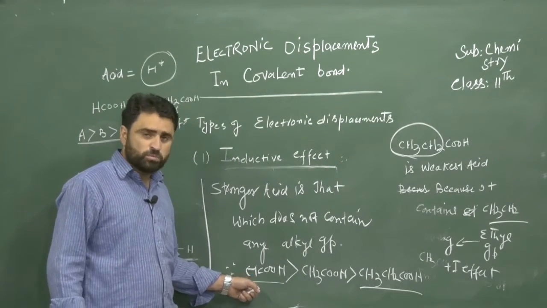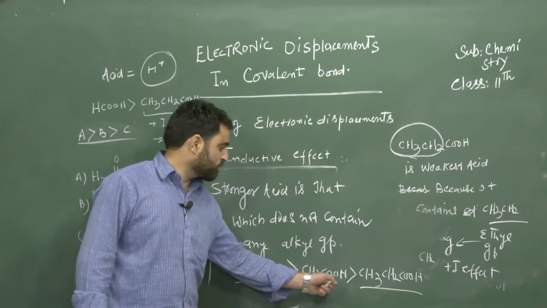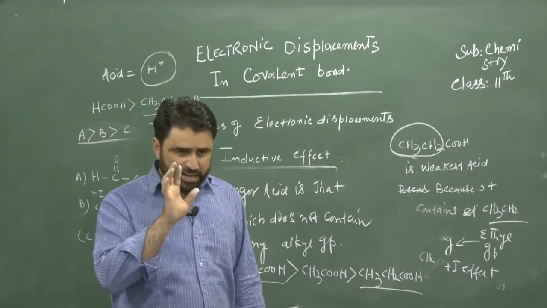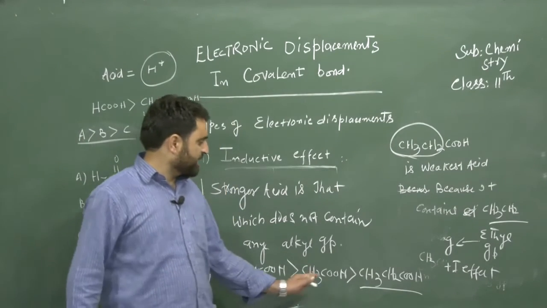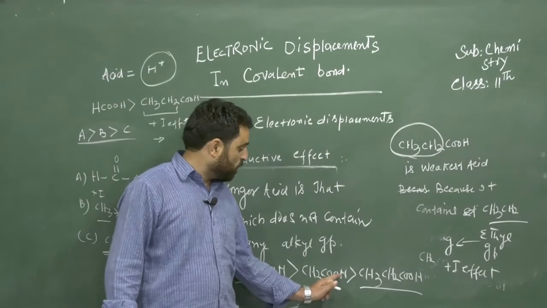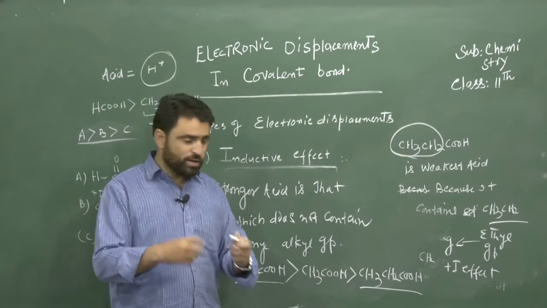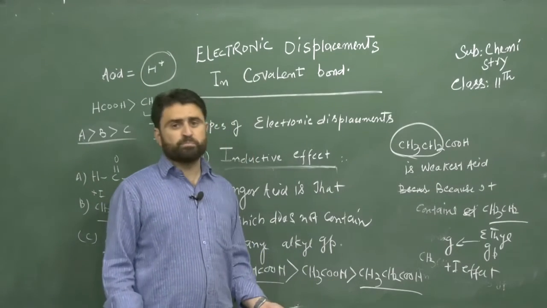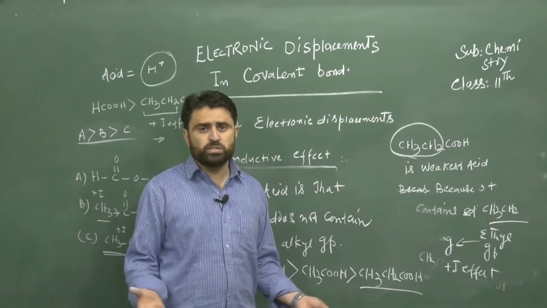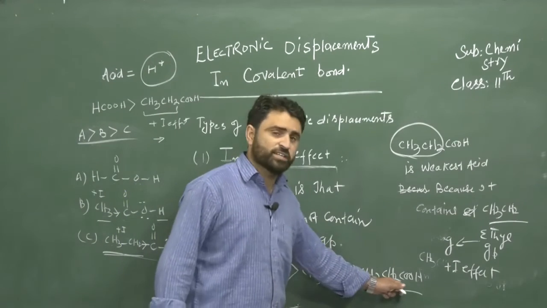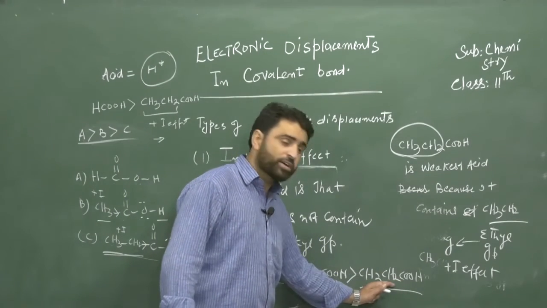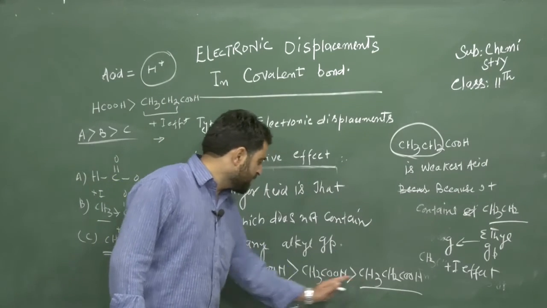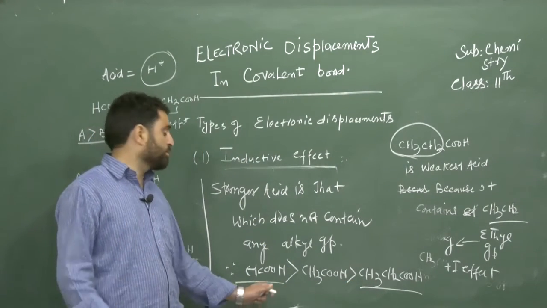In the absence of an alkyl group, the acid is stronger, because an alkyl group shows plus I effect, releases electrons, increases the electron density on the oxygen, the O and H bond becomes stronger, H will not be released as rapidly, with the result that the acid proves weaker. That is why this is a weaker acid, because this group has a stronger effect. This has a stronger inductive effect than this, and this does not contain any alkyl group. Therefore, this is the stronger acid.